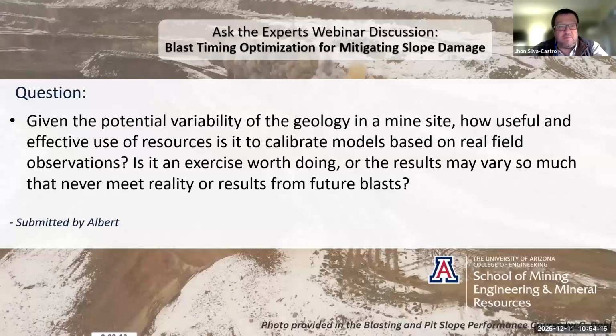What is going to happen in the slope? What happens if I increase the PPV and change the timing? Things like that. It's not exactly to reproduce what is going to happen, but at least to see the what if. These models, once calibrated, will help you to understand better what is going on the slope. Is what I think.